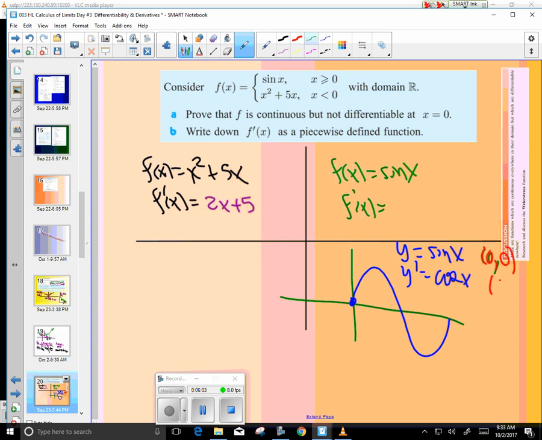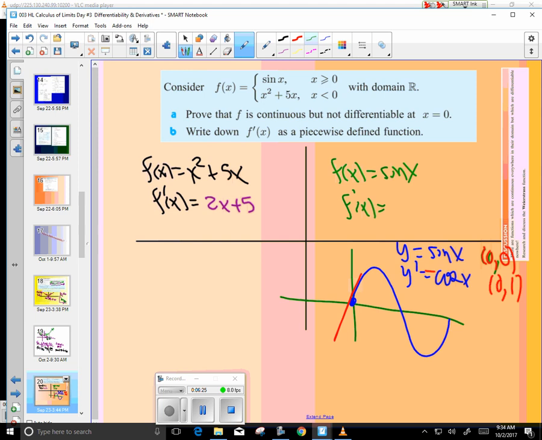What should the slope be at 0? 1, right? Shouldn't it be 1? So what's the derivative of sine? You say cosine. What's the cosine of 0? It works. That's how you can remember. Or if you ever get it mixed up, it works.